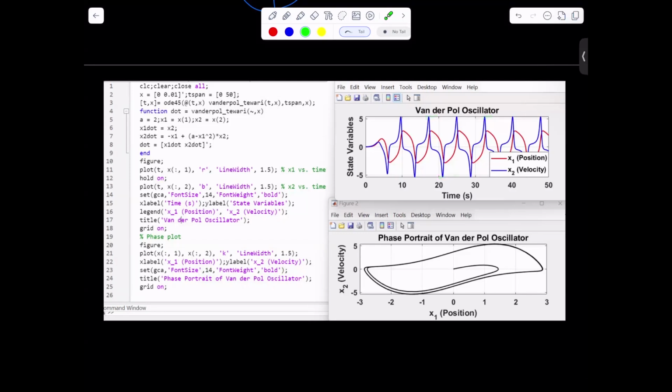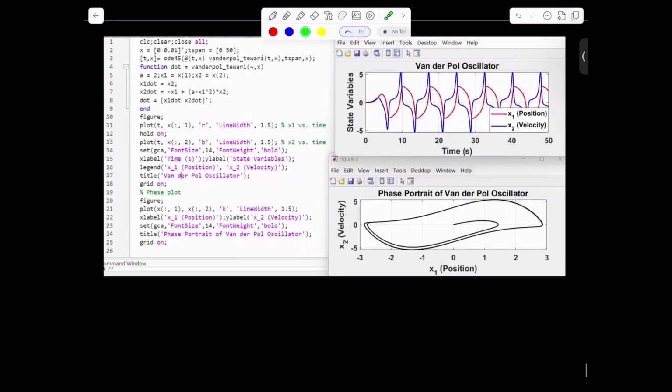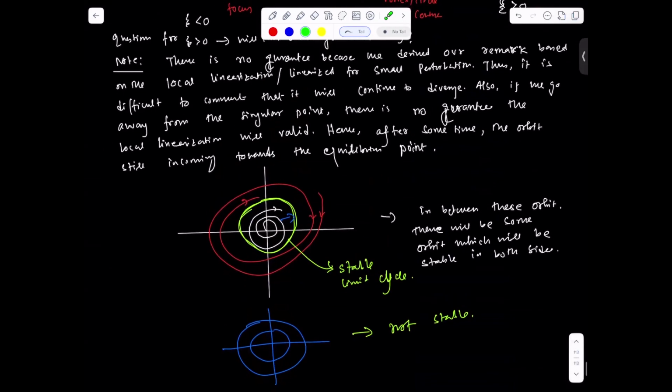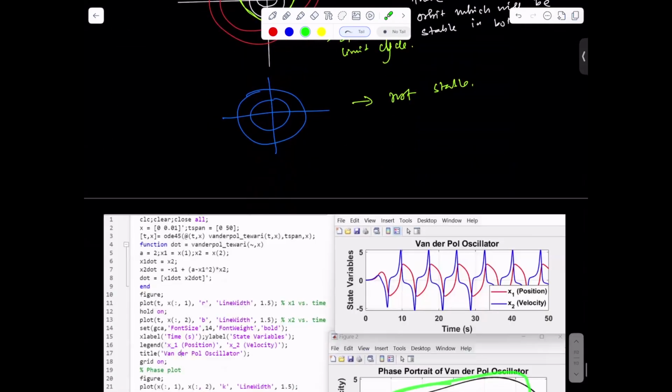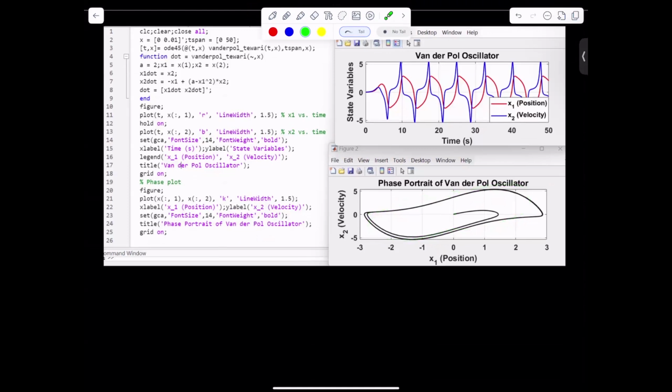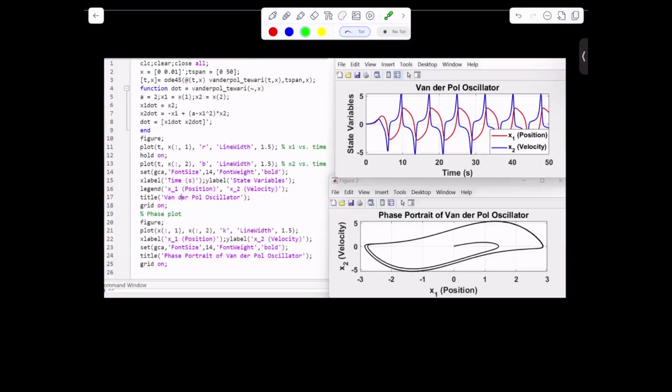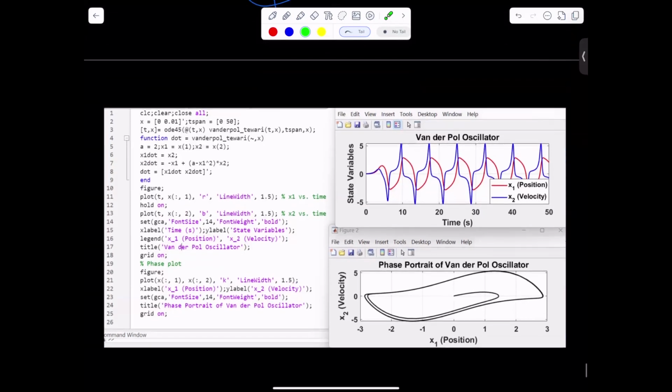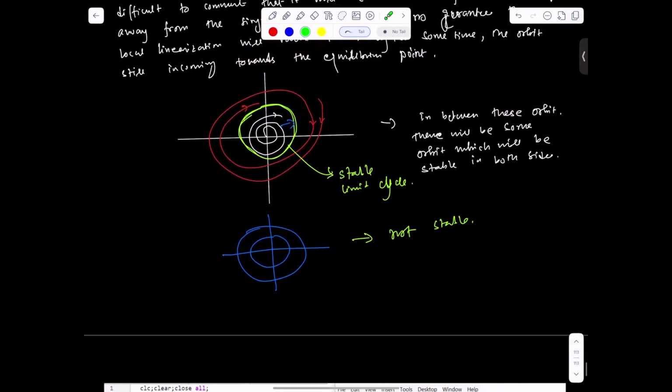Sustained oscillation is there throughout the orbit. This is actually the limit cycle, and this is our origin. What we explained here is the same thing happening here. This is the limit cycle for this particular example.